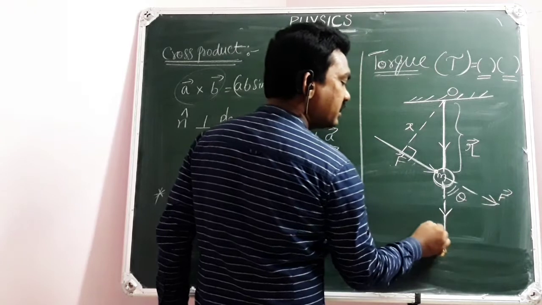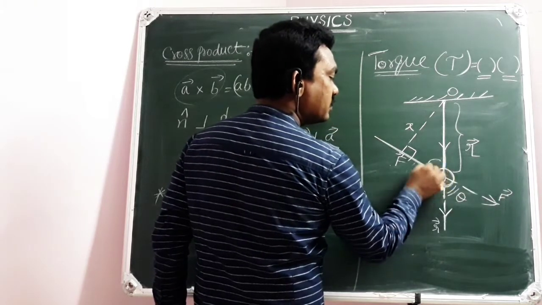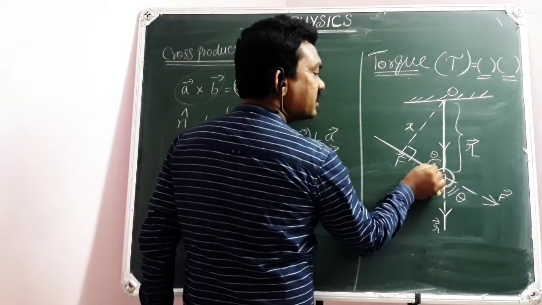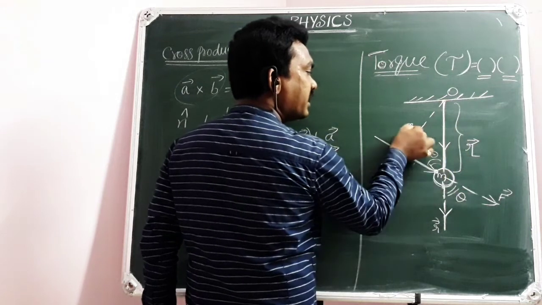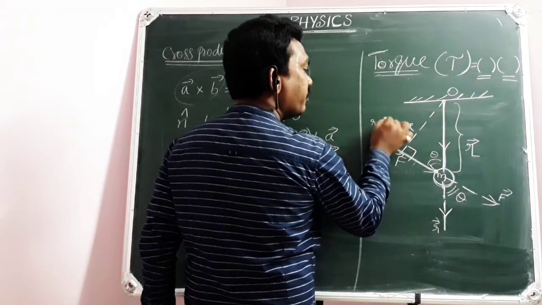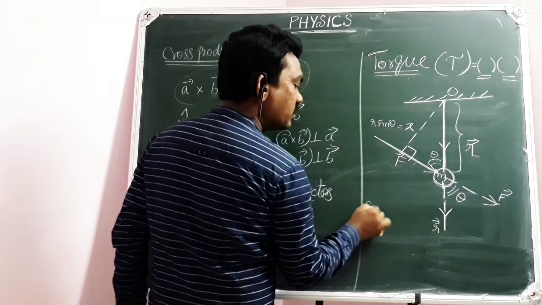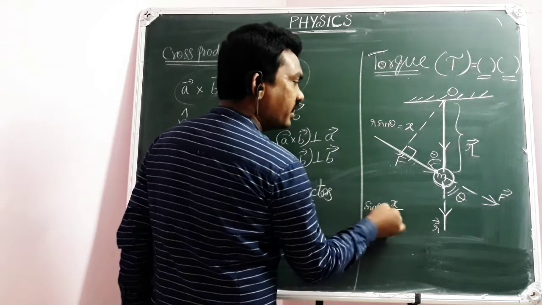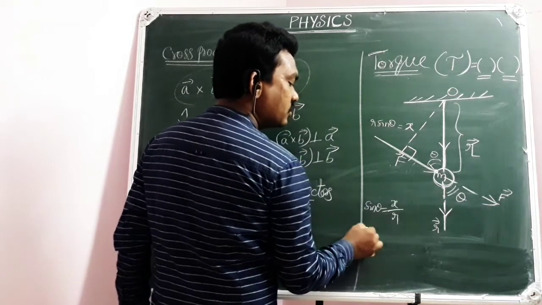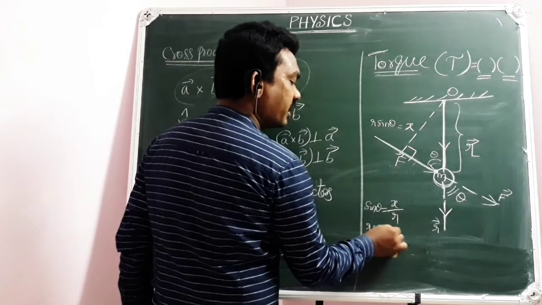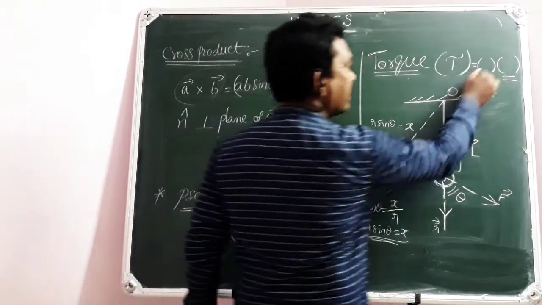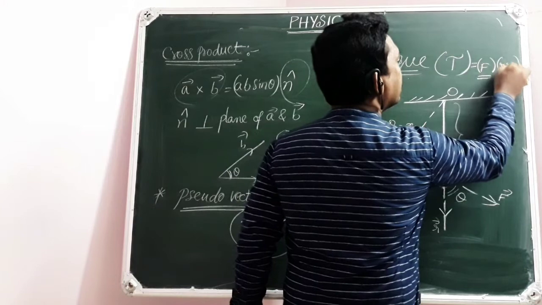The angle between them is theta. When this is theta and this is r, the opposite side will be r sin theta, because sin theta is equal to the opposite side x by the hypotenuse r. So r sin theta is equal to x. So I can write here f into r sin theta.